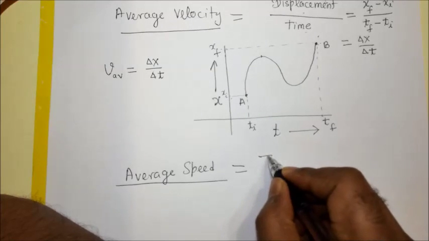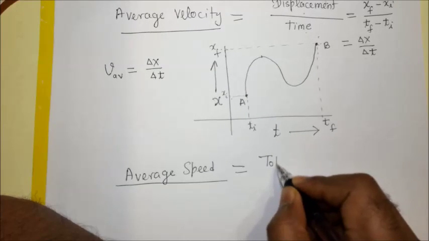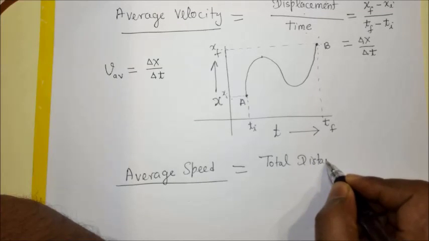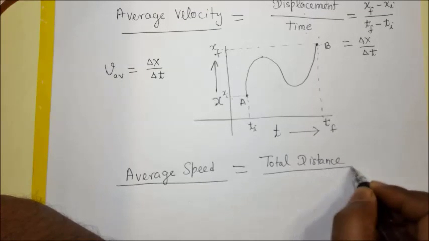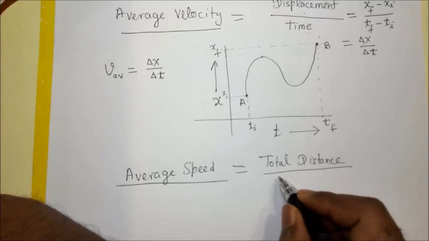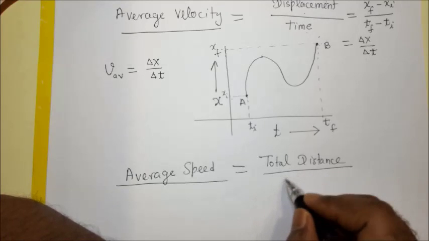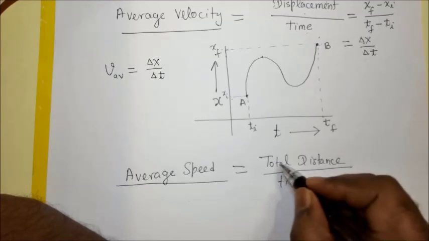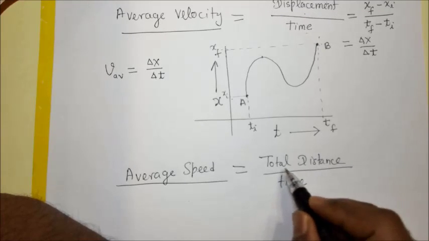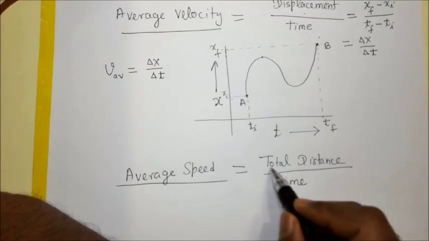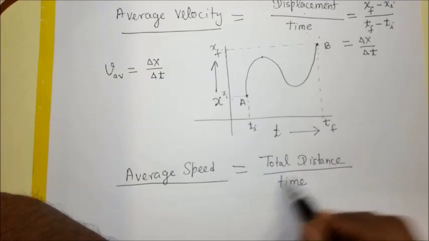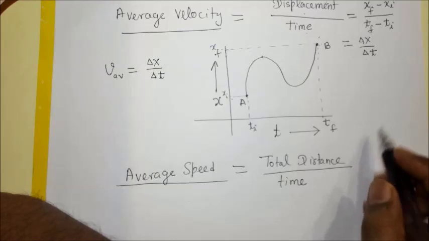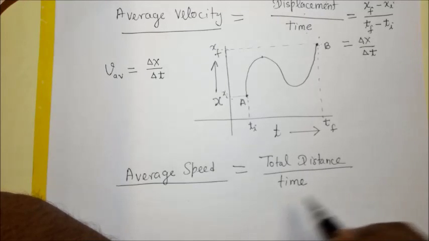Average speed is total distance traveled over the time involved in that travel, the total time elapsed.